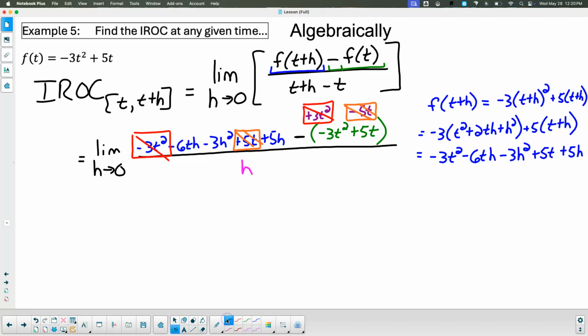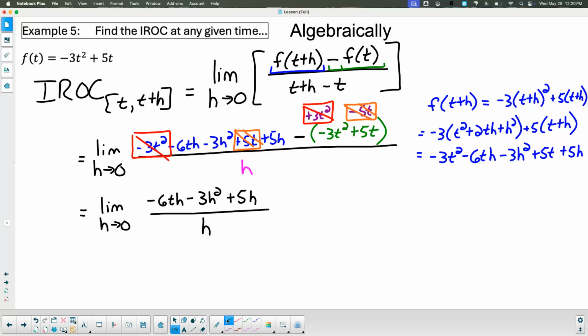So now I've got this whittled down to be the limit as h approaches 0 of negative 6th minus 3h squared plus 5h all over h. Can I send h to 0 yet? Nope, because I'm still dividing by 0, right? But what can I do to the top?